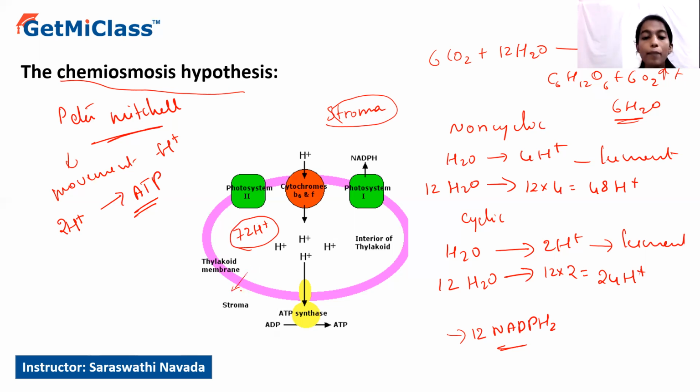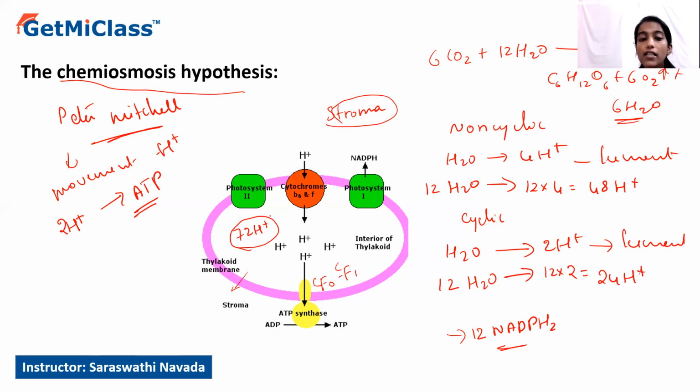So the membrane becomes impermeable. But in the thylakoid membrane, there are certain regions called the ATPase enzyme complex, or F0F1 complex, or CF0CF1 complex, which are permeable to these hydrogen ions.